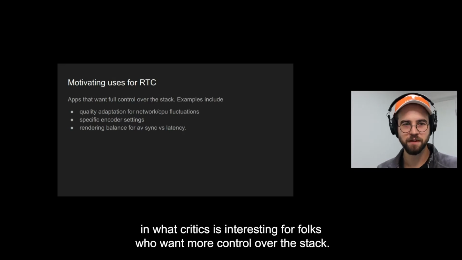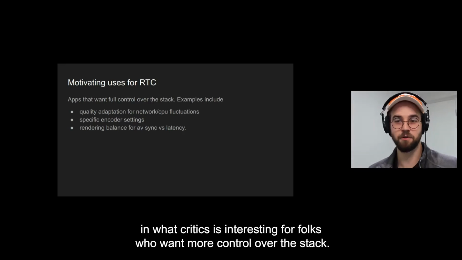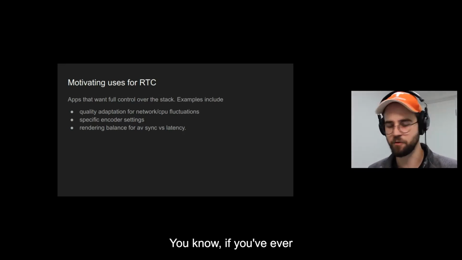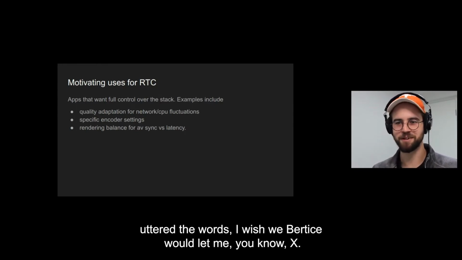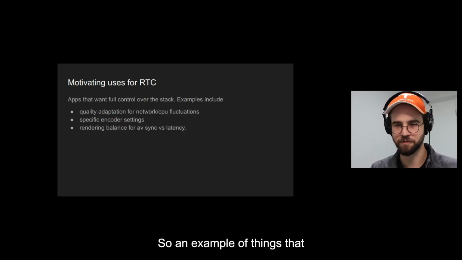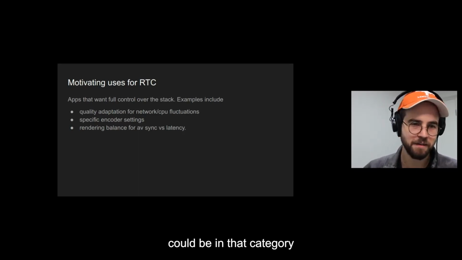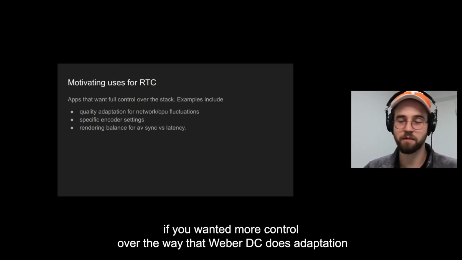WebCodecs is interesting for folks who want more control over the stack. If you've ever uttered the words, "I wish our WebRTC would let me, X." An example of things in that category is if you wanted more control over the way WebRTC does adaptation.